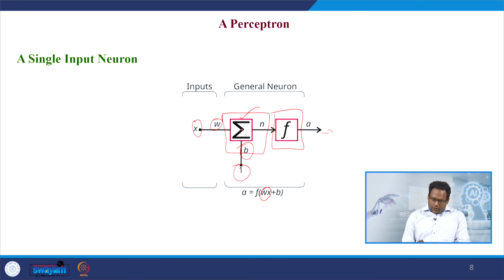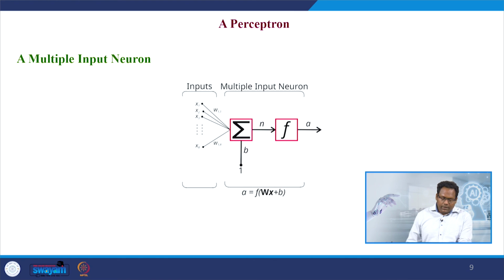So, the input that the summer receives is Wx plus b, and that goes as input to the transfer function. The transfer function has this input n, which is Wx plus b, as its argument. Accordingly, we get the output A based on the transfer function.